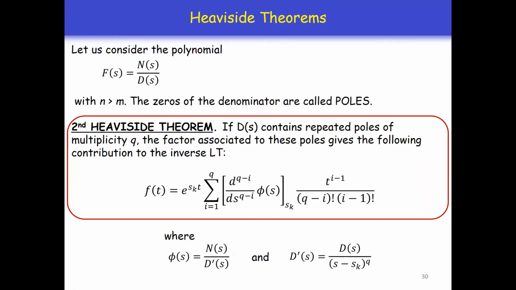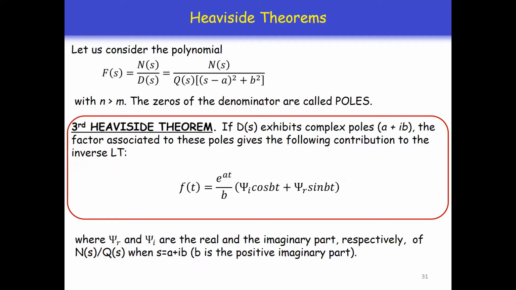So, again, we have a polynomial in the Laplace domain, which is basically the ratio of two polynomials, n over d. The zeros of the denominator are called poles again. So there is a scenario missing. What if the denominator d exhibits complex poles?